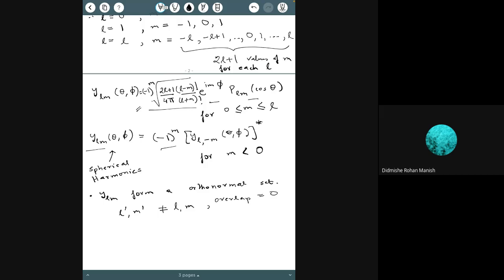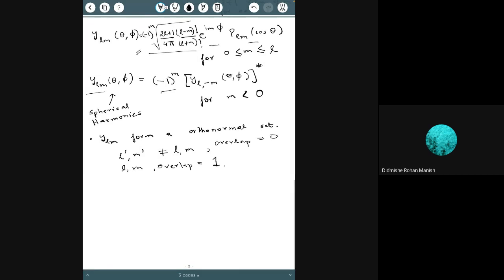And for L' M' equal to L M, you have overlap equal to 1. I'm not going into this much because you will not use it so much.